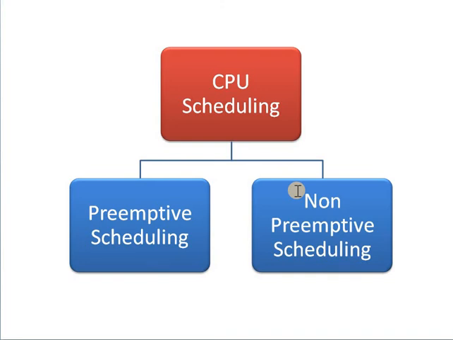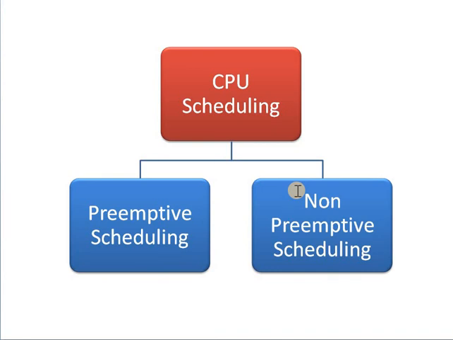Whenever a process is executing in a CPU and another process arrives with a higher priority than the currently running process, the currently running process is stopped and put in a waiting state, and the CPU is allocated to the newly arrived higher priority process.